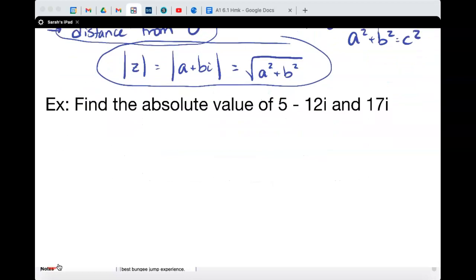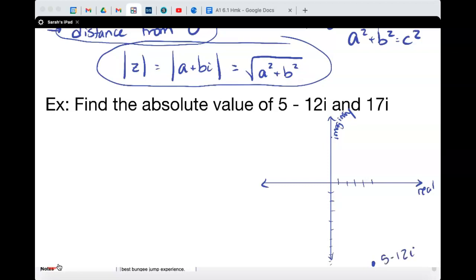Okay, so I'm going to find the absolute value of this. So I could plot my complex number. This is real, this is imaginary. Where would 5 minus 12i be? Right there. I don't think I actually made it down to 12, but it's close.